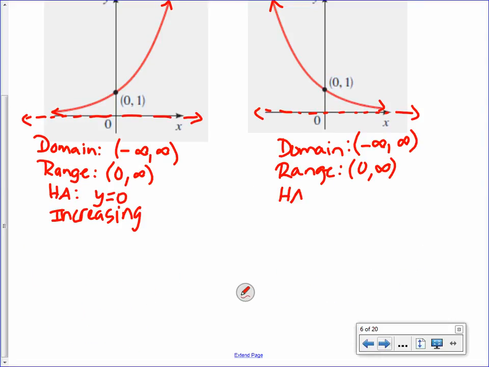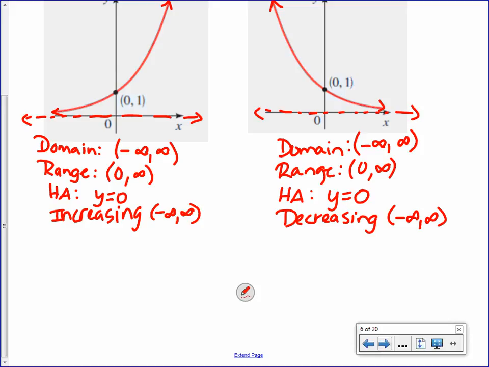It still has an HA, y equals 0, but this graph is decreasing. Sometimes we might say it's increasing or decreasing over its domain, from negative infinity to infinity, and since the domain is all real numbers, that would suffice.